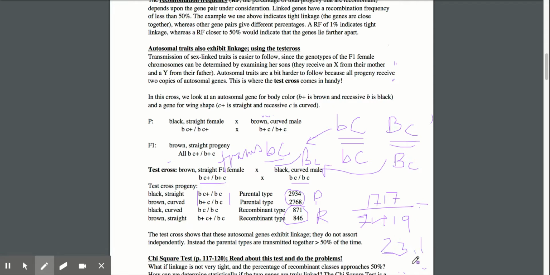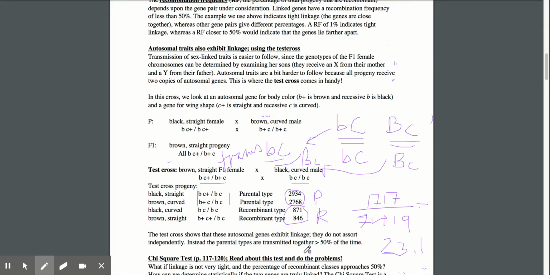There we go, 23.1. And it would depend on what we were asked. If we were asked, what's the map distance? We would report 23.1 map units. And if we were asked, what's the percent recombination, we'd say 23.1%. But it is the same number.